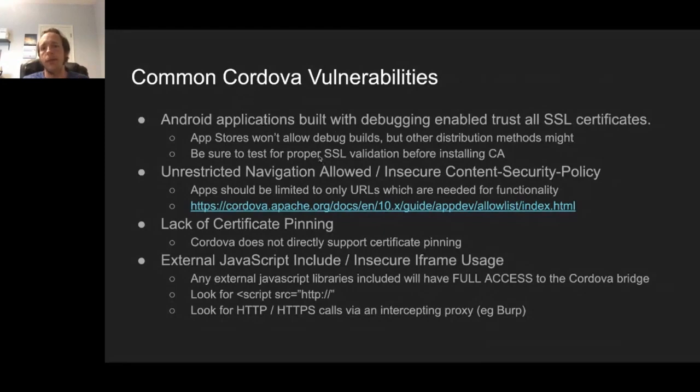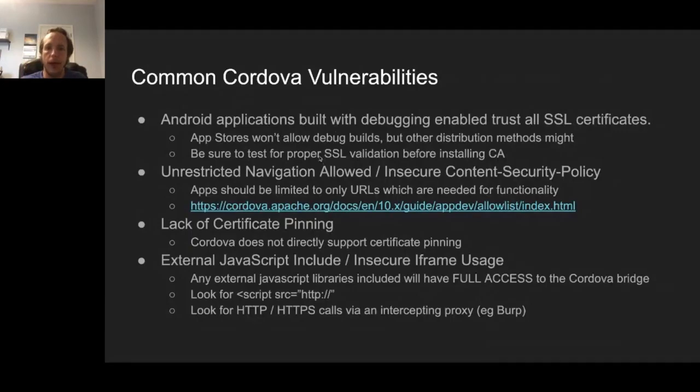Now, this is a problem because if those external libraries get compromised or they're accessed through HTTP, then an attacker can execute JavaScript code on your user's device. But what that also means is they can take full control of your application.